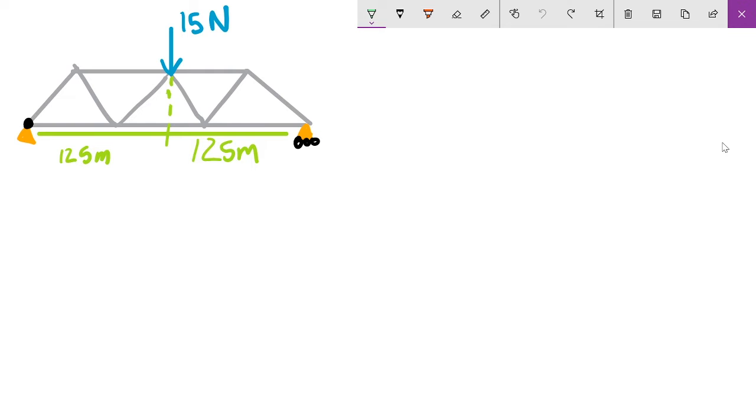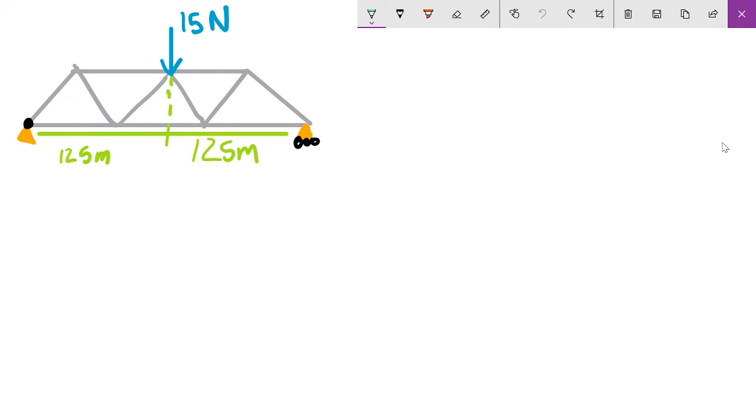This bridge is a truss bridge, and there's two holds right here that support the bridge. We want to know the forces coming back at the bridge, so we want to know the reaction forces.